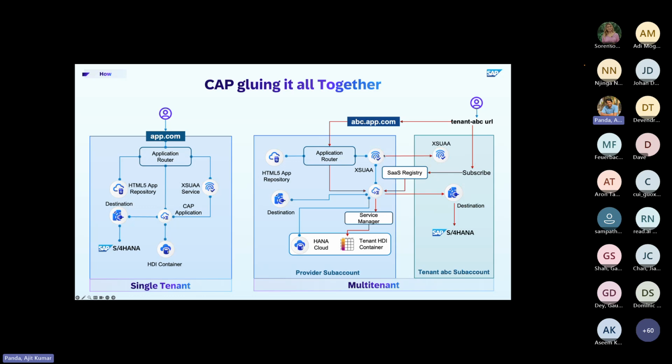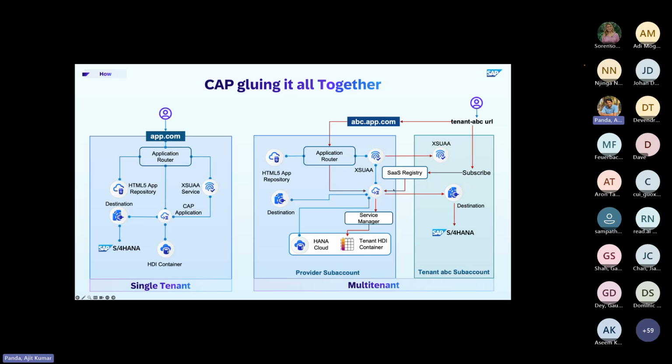And this is where the multi-tenancy concept is built into CAP, where it uses the XSUAA instance to go to the consumer subaccount and verify all this, right? And then it forwards the request to the backend, which identifies who the tenant is and which is the correct HDI container and brings the data from there.